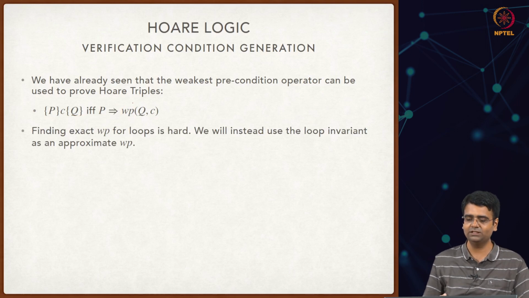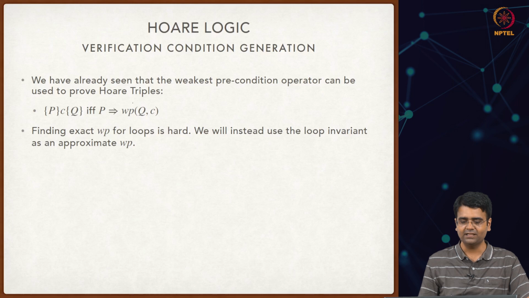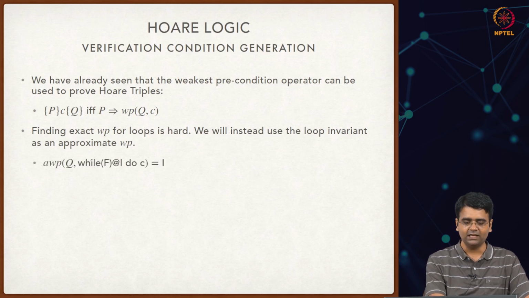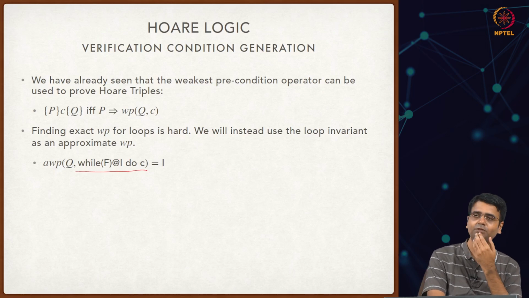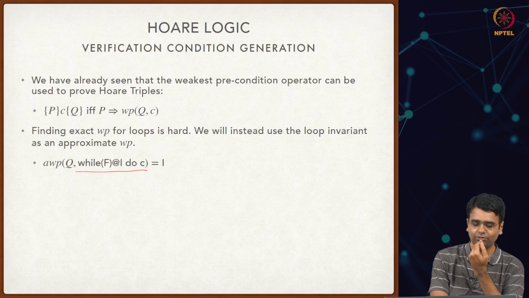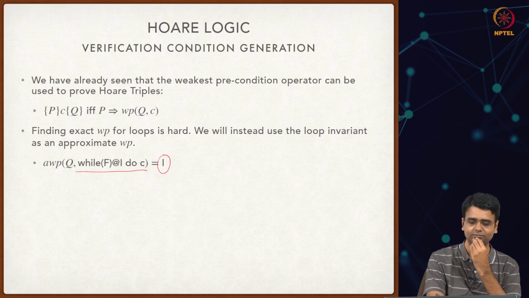So what we will do is use the loop invariant itself as an approximate weakest precondition. Given an annotated while loop, where the while loop is annotated by a loop invariant I, we say that the approximate weakest precondition of Q and this while loop is just equal to the annotated loop invariant I itself.